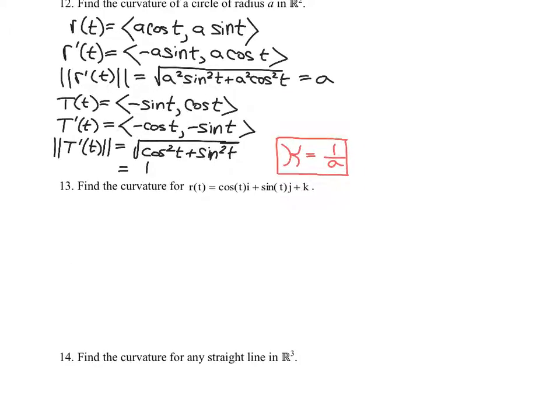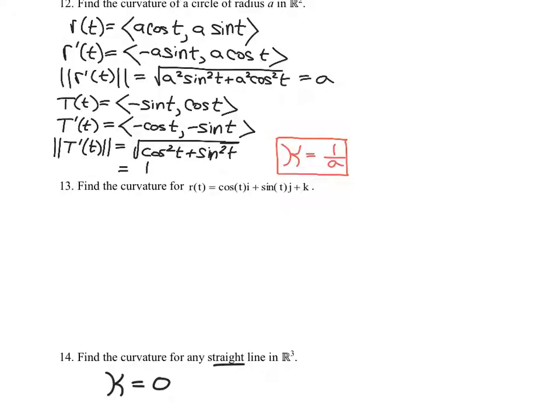Like, for example, number 14. I mean, there's a process that you could follow, but kappa is going to be equal to 0 because a straight line doesn't have any curvature to it. So there's no work to do there. You could do the work to prove it, but it's not necessary.